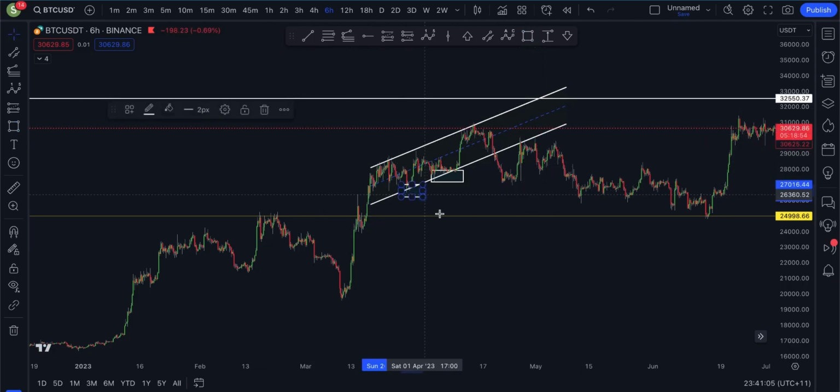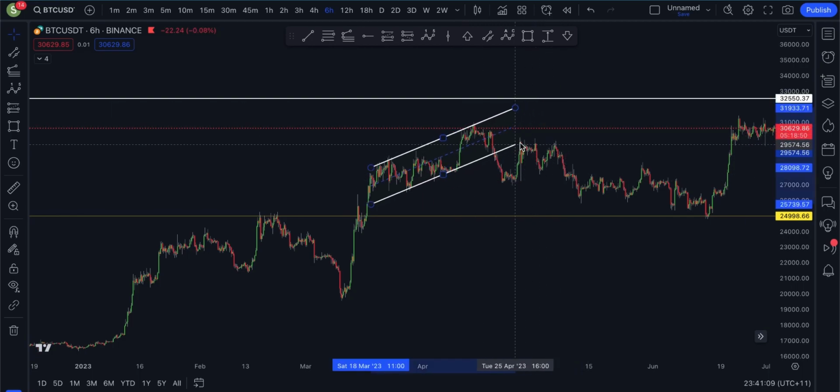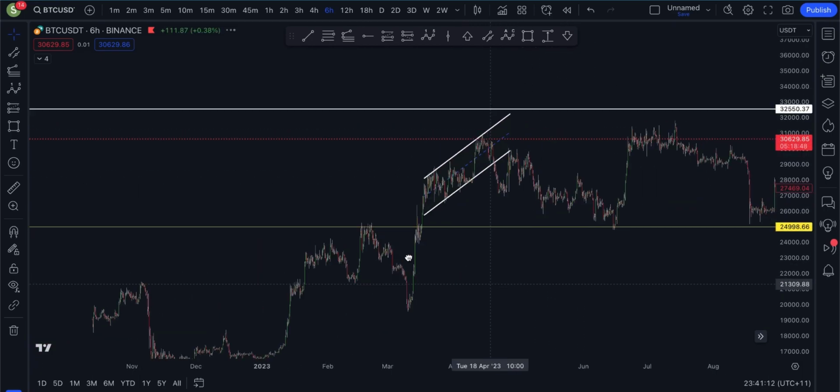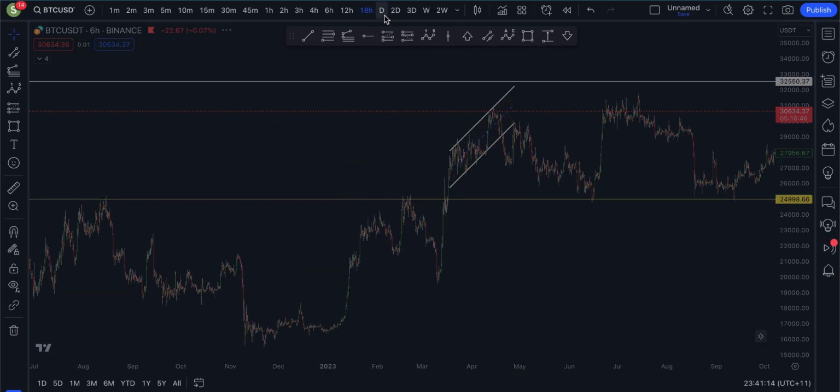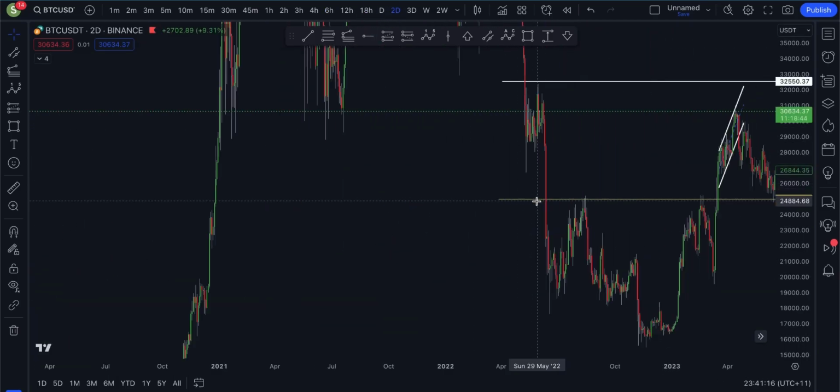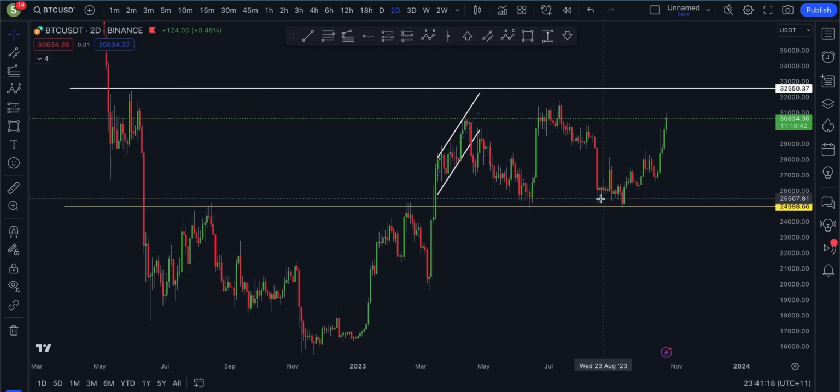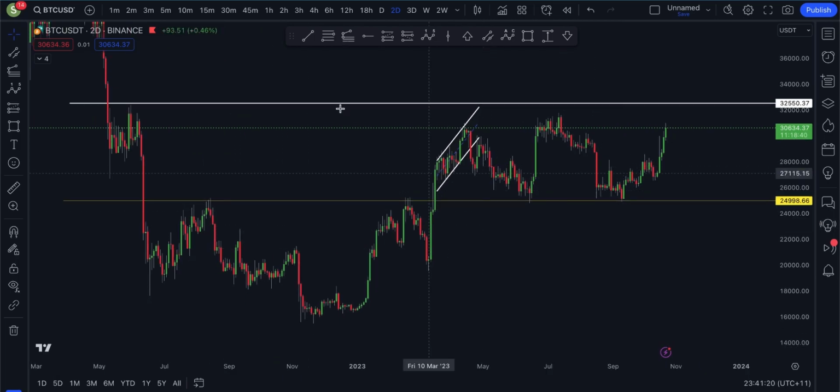So my understanding is this channel is representing that this was the end of the third wave. Like always, I've always said that in the group as well, that channels are found in the third wave.